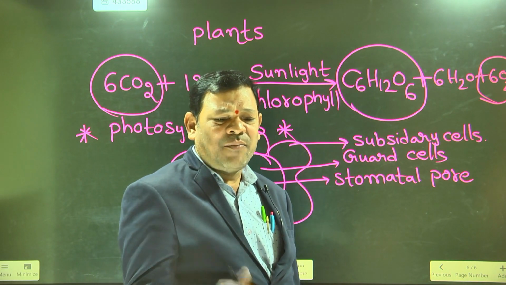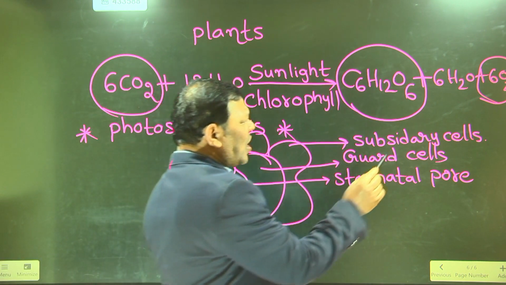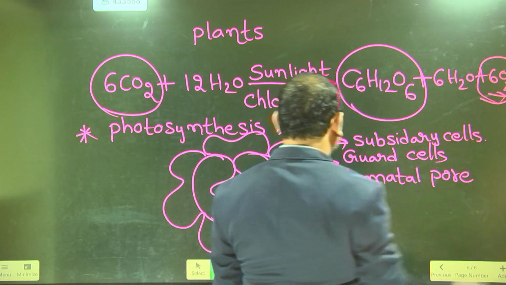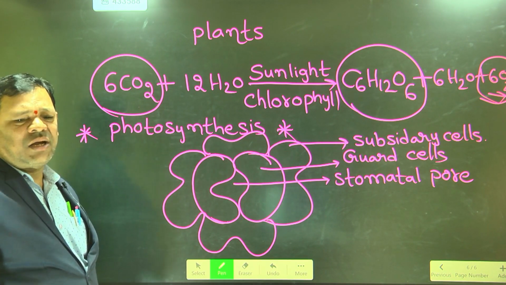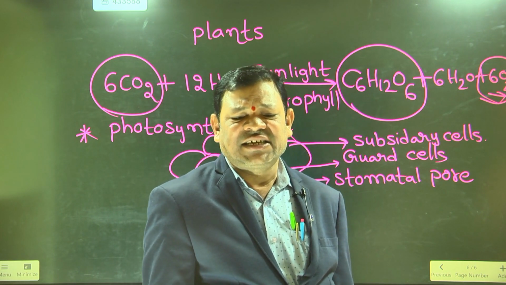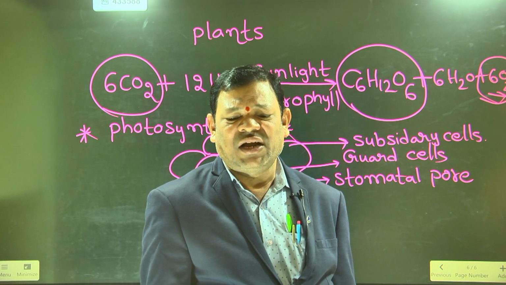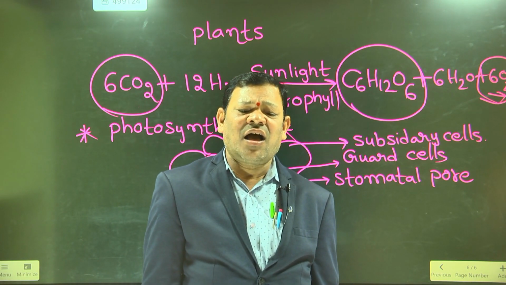That means plants absorb carbon dioxide and release oxygen through the stomata. Here my point is that gas exchange in plants takes place through the stomata. In animals, gas exchange takes place in the alveoli.